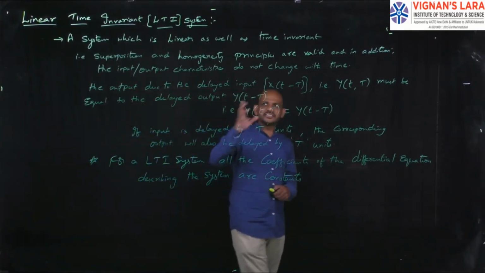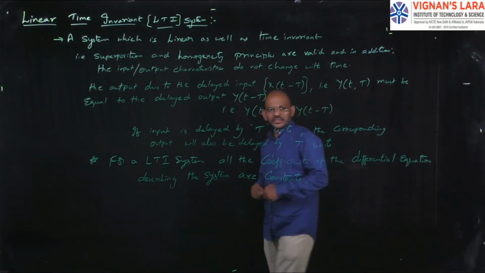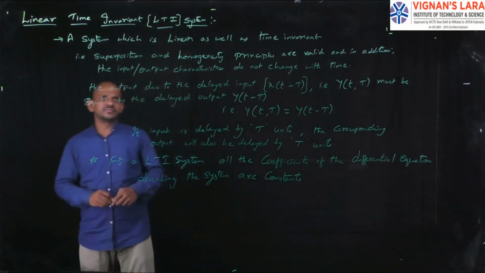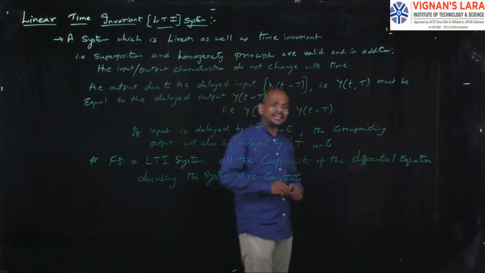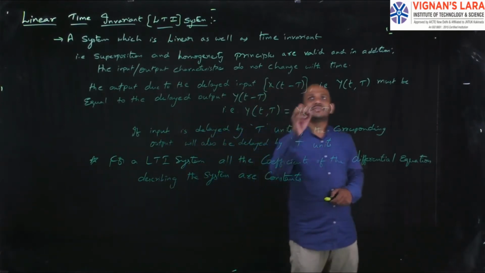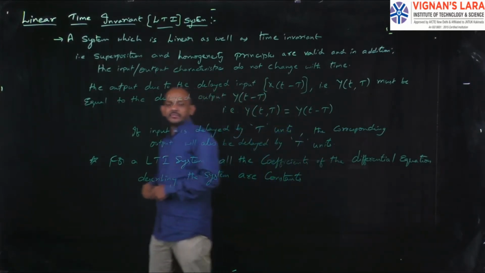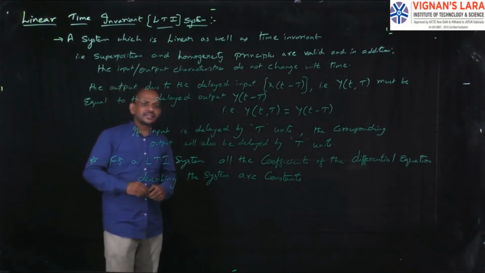Simple. A system is said to be an LTI system, that is, a linear time invariant system, if it has to satisfy both the linearity property and the time invariant property. Then we can call that system a linear time invariant system.